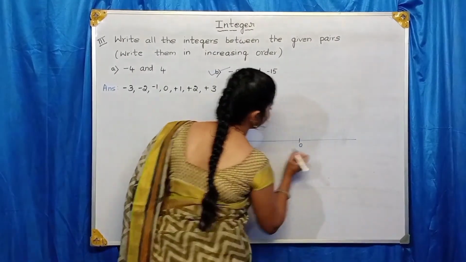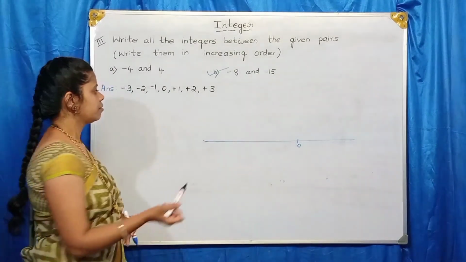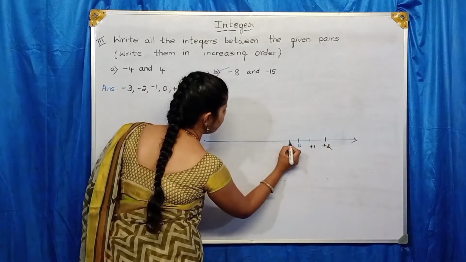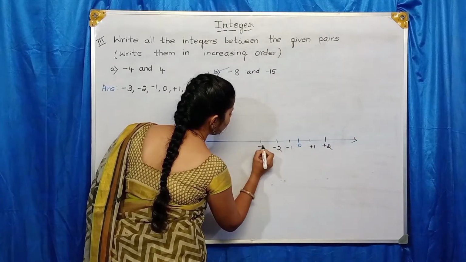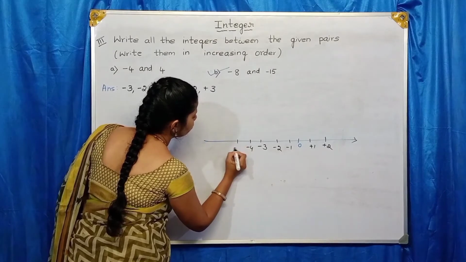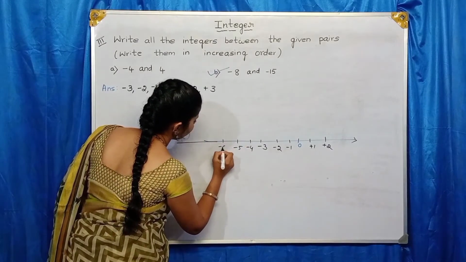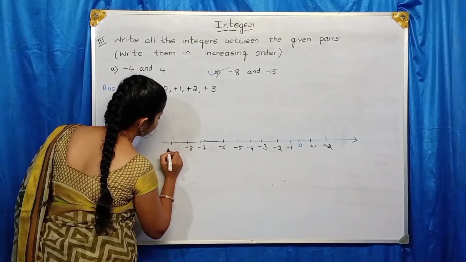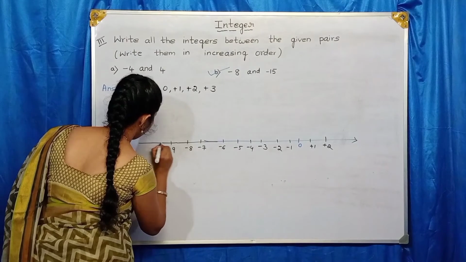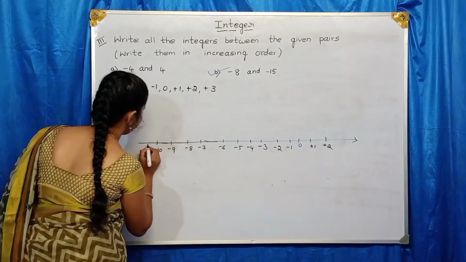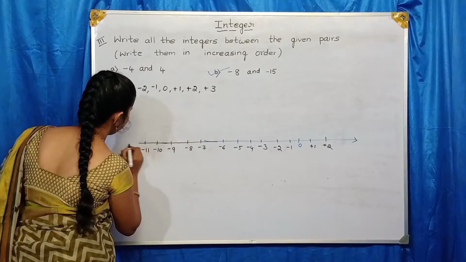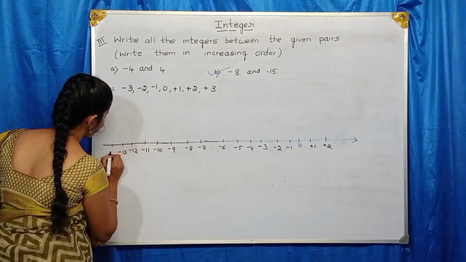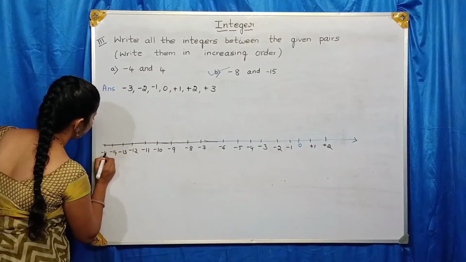Draw a number line. +1, +2 and so on. -1, -2, -3, -4, -5, -6, -7, -8, -9, -10, -11, -12, -13, -14 and -15.